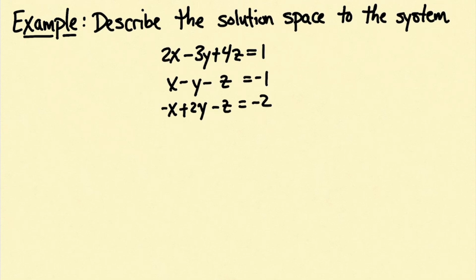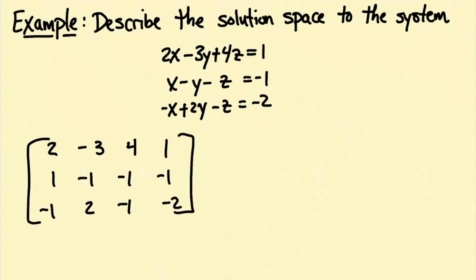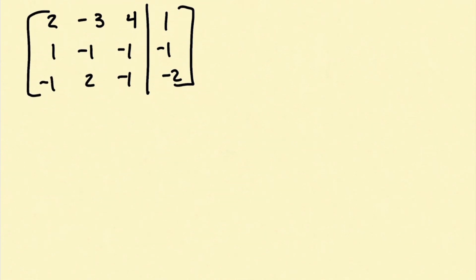For our next example, we're going to start with a system. We're going to use Gaussian elimination to find the reduced row echelon form of the augmented matrix, and then we'll interpret the solution space. So the first thing we do is we translate our system into an augmented matrix. Now that we have our augmented matrix, our first operation is to interchange row 1 with row 2.